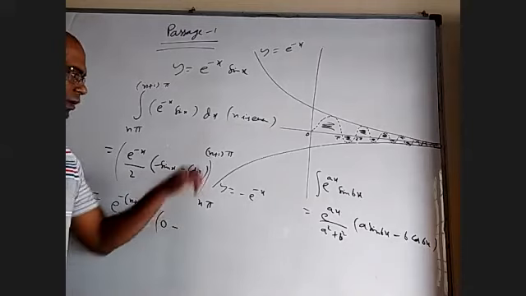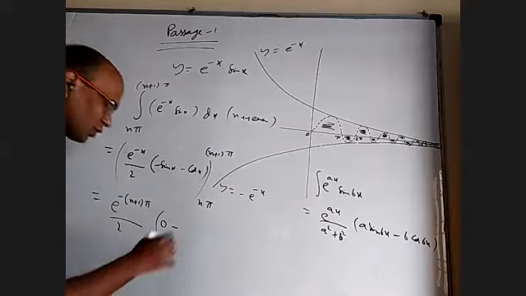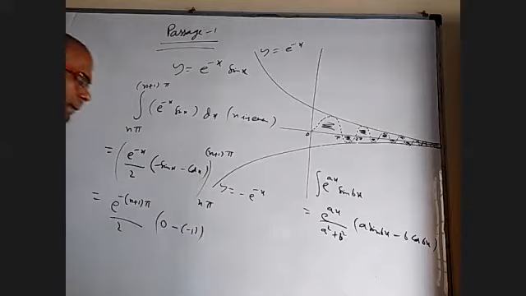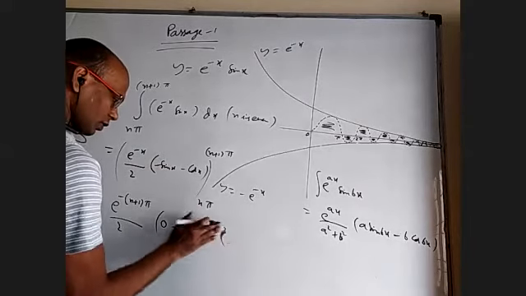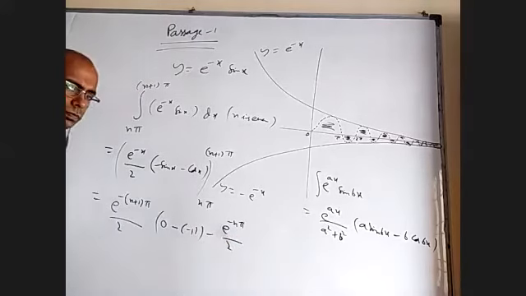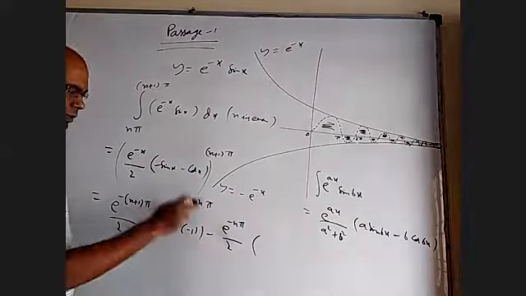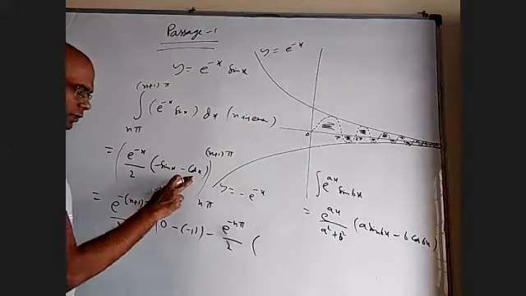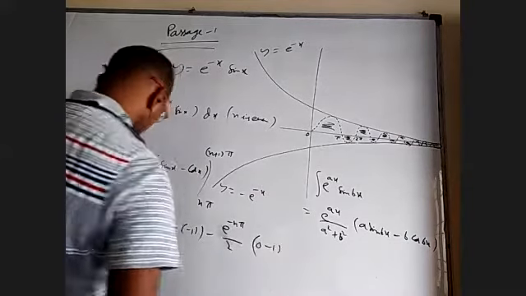When n is even, n plus 1 is odd, and whenever it is an odd multiple of pi, the cos value is minus 1. Minus, when I put n pi, the whole thing is e power minus n pi by 2. And here when I put n pi, the sine is 0, and for an even multiple of pi, cos is 1, and with the minus it will be 0 minus 1.